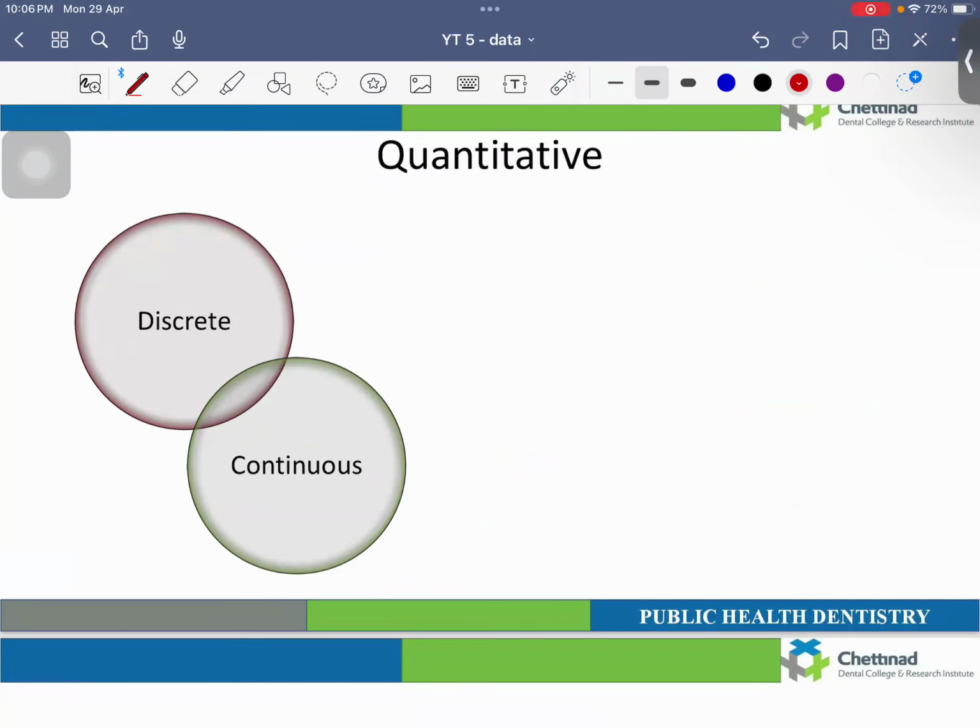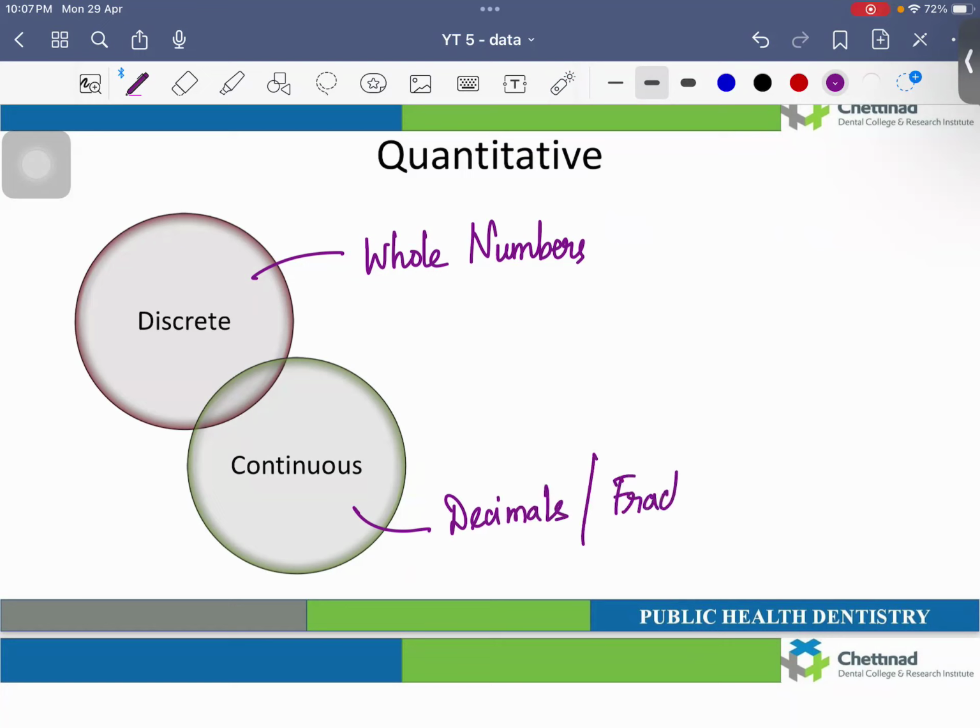Coming to discrete and continuous data. Discrete simply means whole numbers. Continuous data means any data that can take decimals or fractions, or it can take these values when a mean or an average number is taken.